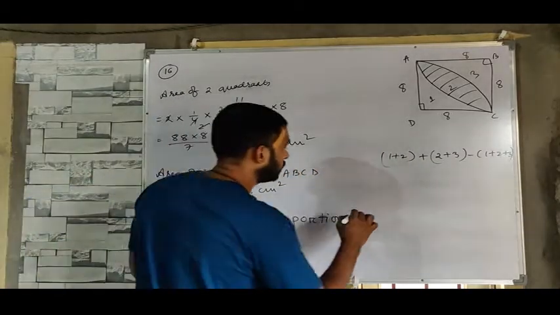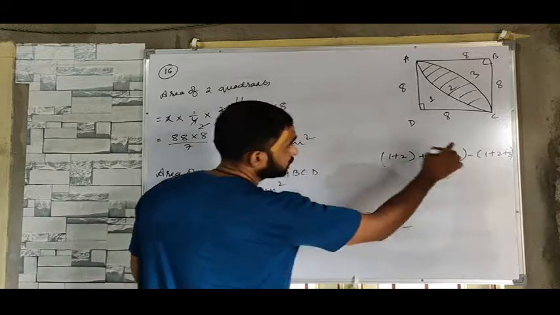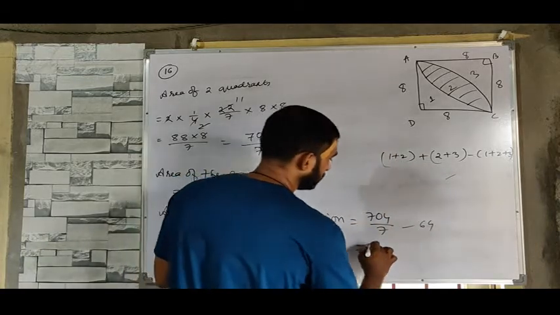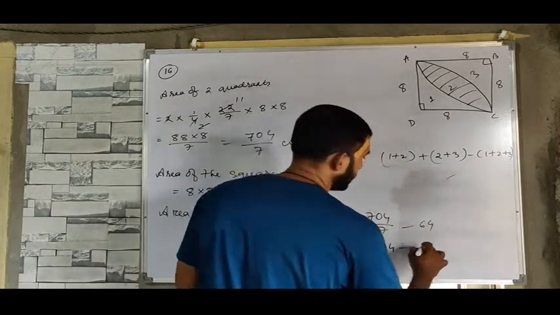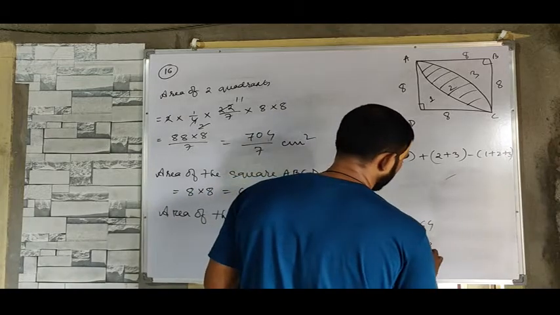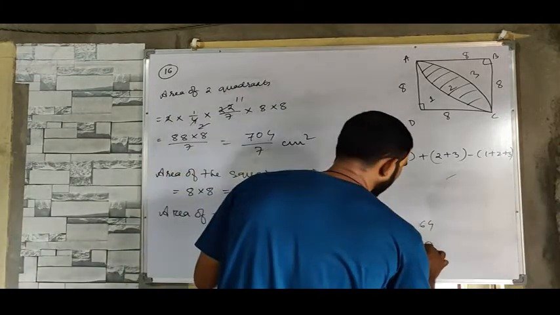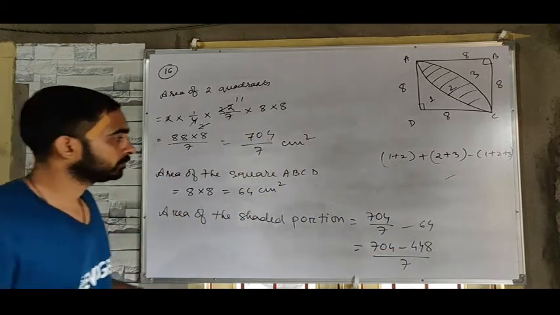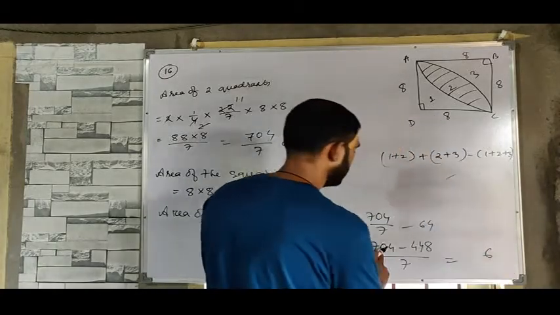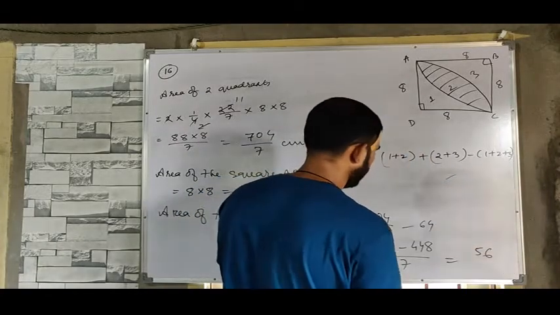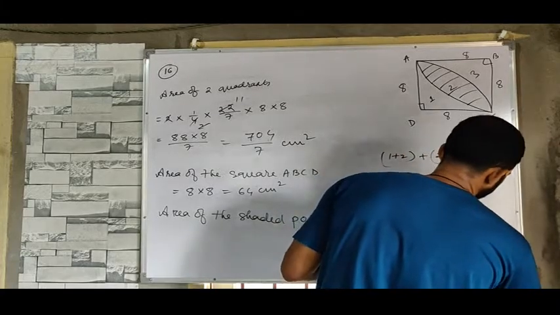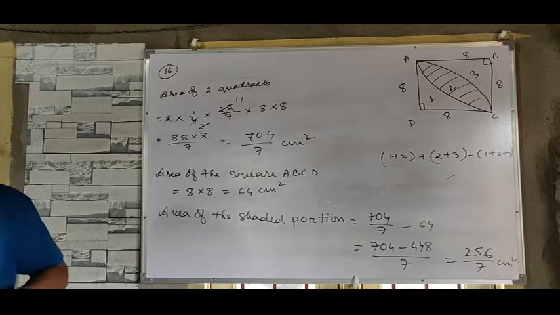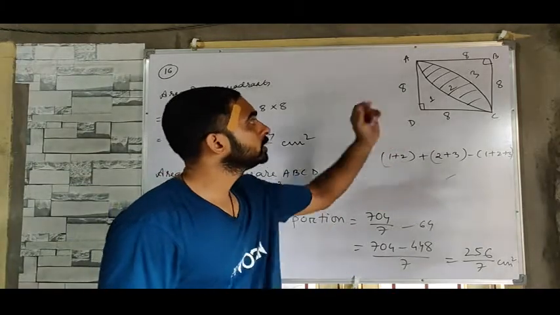So their value is 704 by 7 minus 1 plus 2 plus 3, which means 64. So 704 minus 64 is 28, 2, 42, 43, 44. 44 by 7. This one 6, 9, 5, then 2, 256 by 7 square centimeter. So this is the area of this shaded portion.